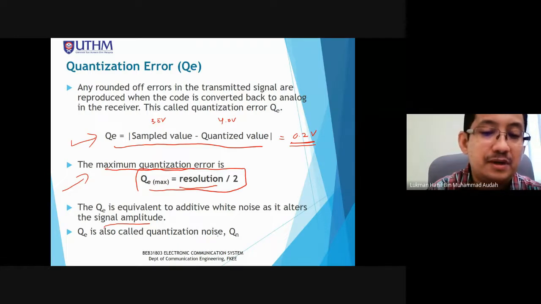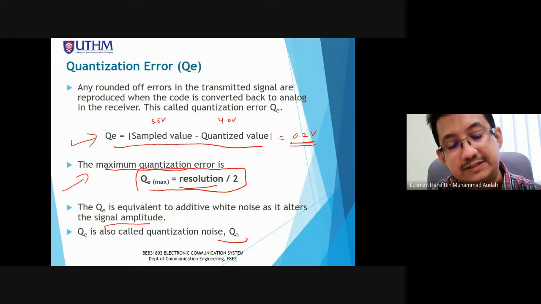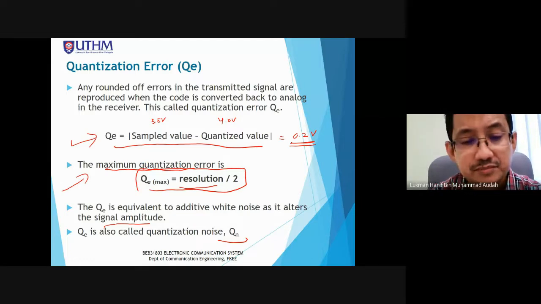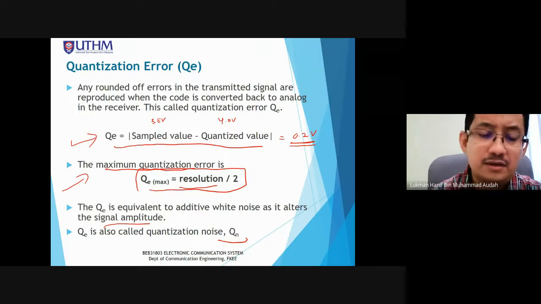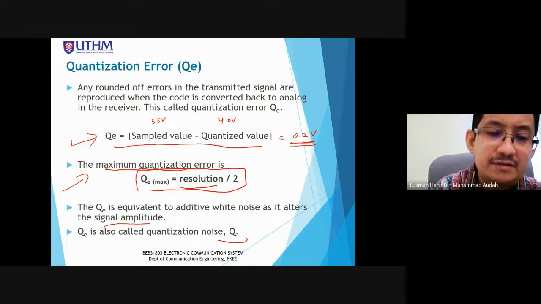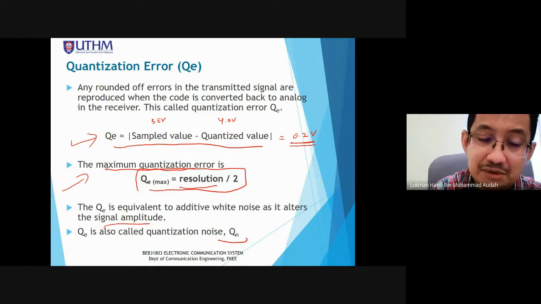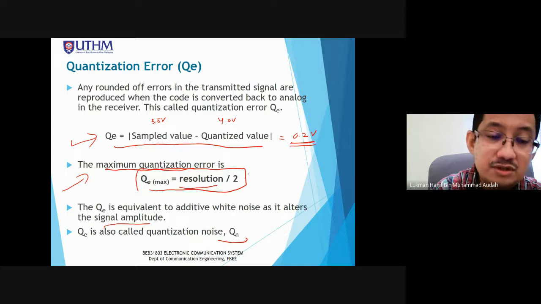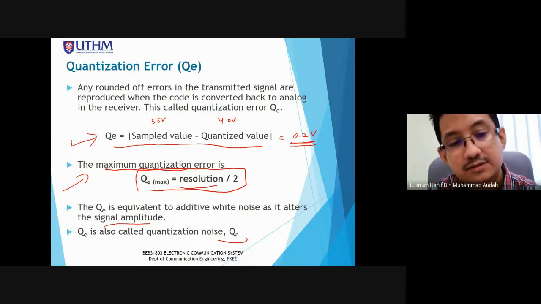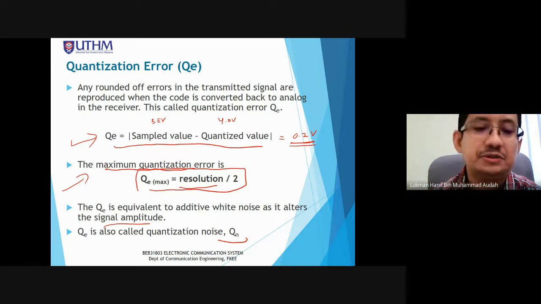Okay, ini juga dipanggil sebagai quantization noise. Okay. And if you see from here, kita sebenarnya menginginkan resolution yang sekecil yang mungkin, so that we can reduce the QE max. Okay, class, theoretically we want quantization error to be as small as possible.